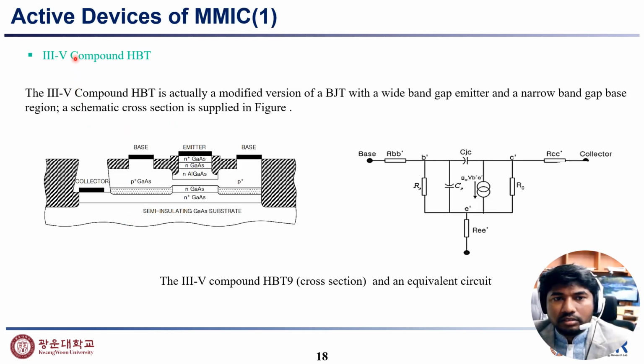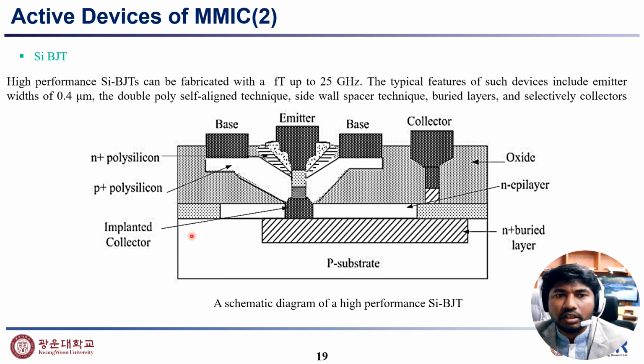So here the 3 to 5 compound HBT is actually a modified version of the BJT with a wide bandgap emitter and a narrow bandgap base region. A schematic cross section is shown in the figure.